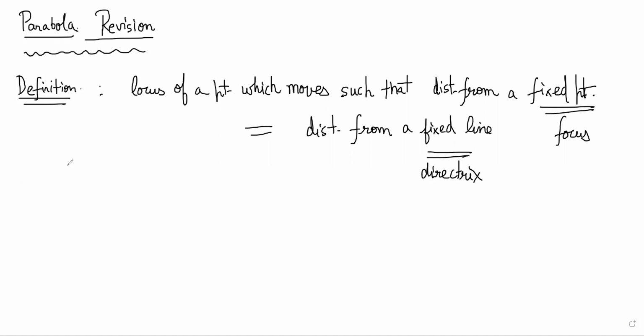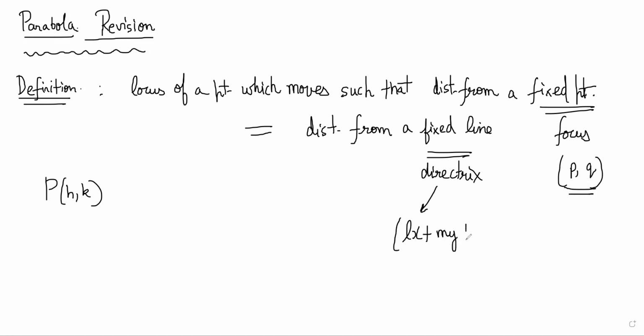So when you find that locus, you will have a point P(h, k), and let's say your focus was some point (p, q). This is given to you, and the directrix was some line lx plus my plus n is equal to 0. So these two things are given to you, and you are finding the locus of a point that moves such that, right?